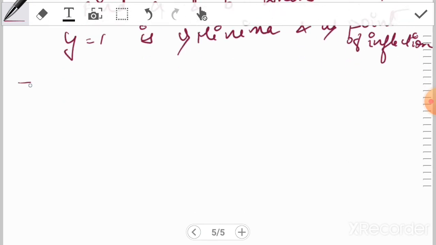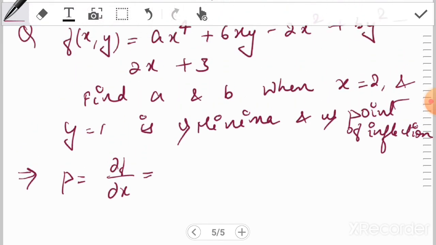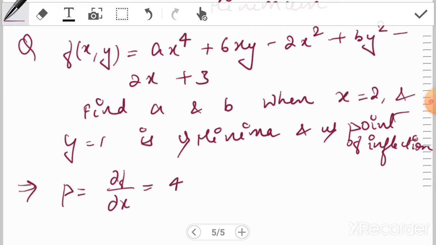Okay, so let us find p, del f by del x: 4ax cube plus 6y minus 4x minus 2.